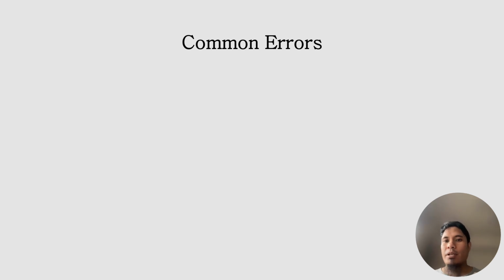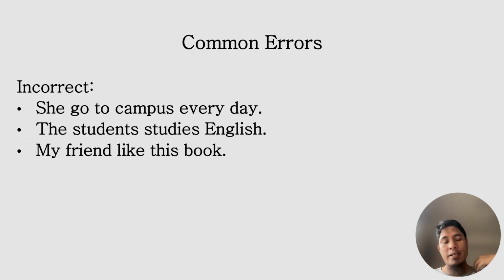Let's look at some examples of subject-verb agreement errors. In these sentences, the verbs do not match the subject correctly, right? For instance, when the subject is singular, the verb should usually include an S ending, but that ending is missing in these examples.